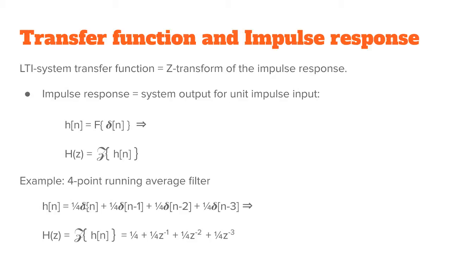So if we take this one and do the Z transform of it, the Z transform of the impulse response is the same as the transfer function. That's why we have the lowercase h as the impulse response symbol, but the capital H is for the transfer function. Same letter, for a reason.